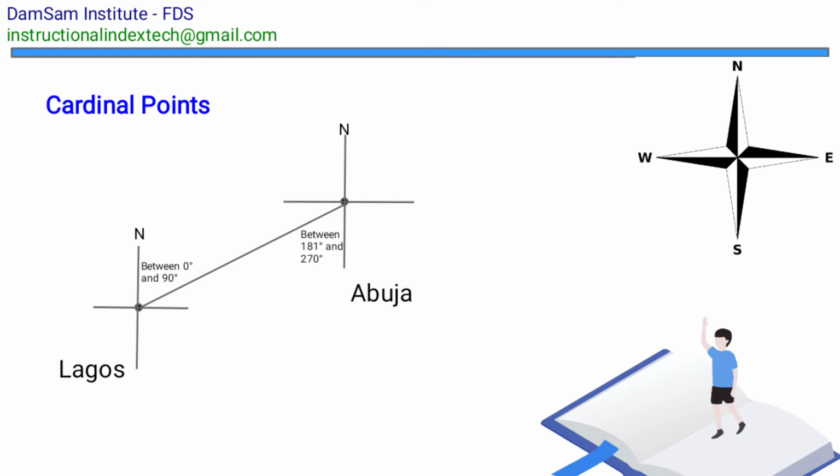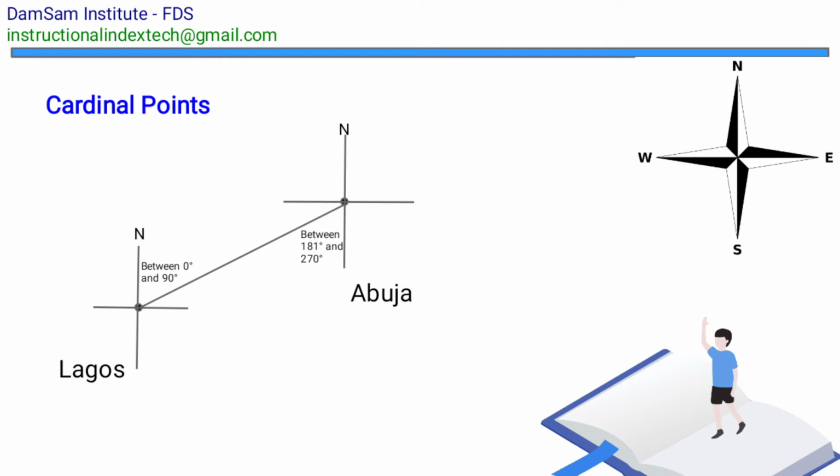So also, if we look at the one at Abuja, we see that the angle will run from the north clockwise straight down. It will pass through the east and it will even pass through the south, but it will not touch the west line, and it will stop where the angle is formed coming from Lagos, and it will definitely be between 0 and 270, just like we have said earlier.